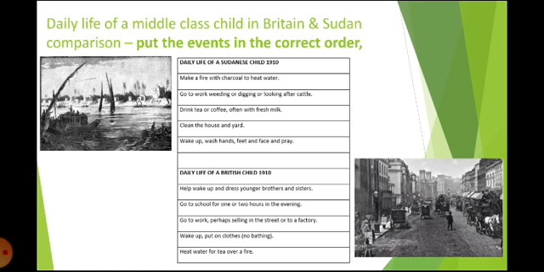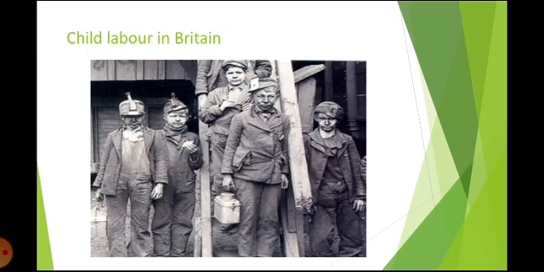So, as you can clearly tell, they're not in the correct order. I want you to write them in the correct order and take a picture and upload it to me on Seesaw. Now look at this. If you think that life was hard here for a Sudanese child, it was just as hard in Britain for a British child, because they had child labor, meaning they made little children work.